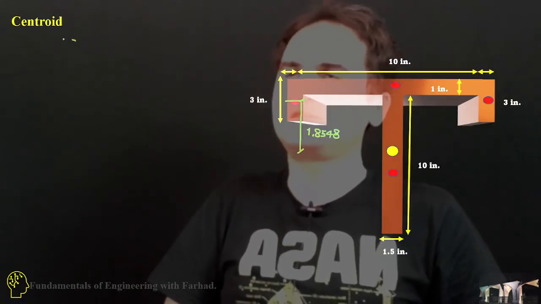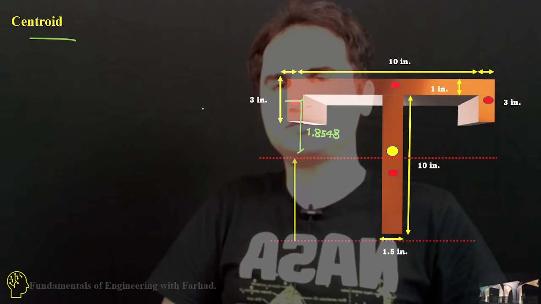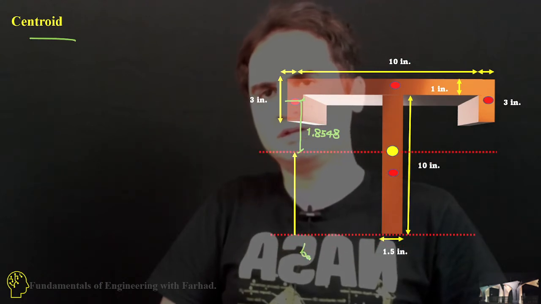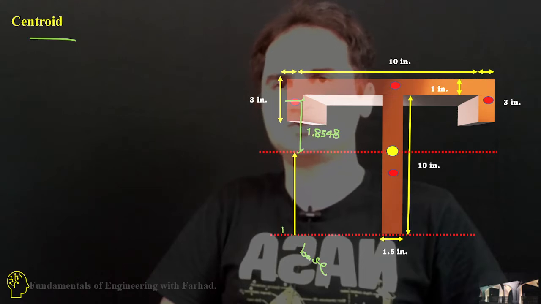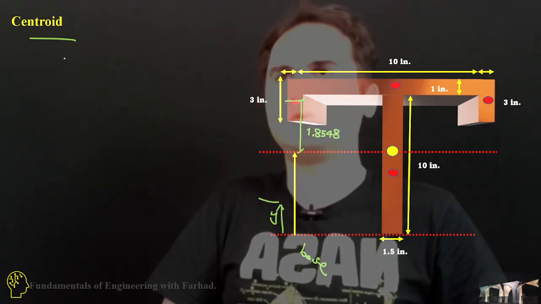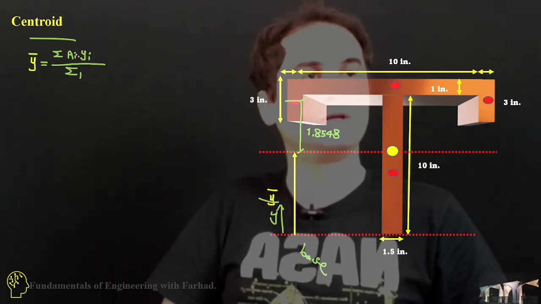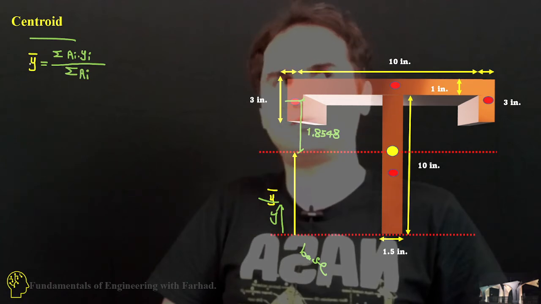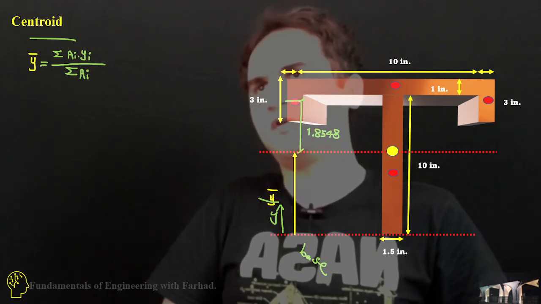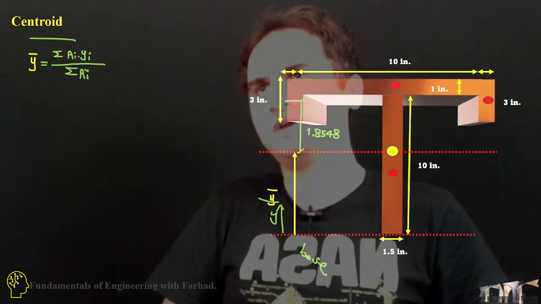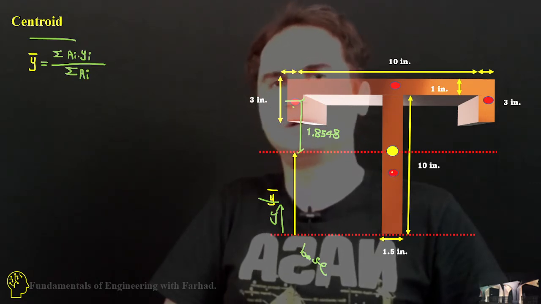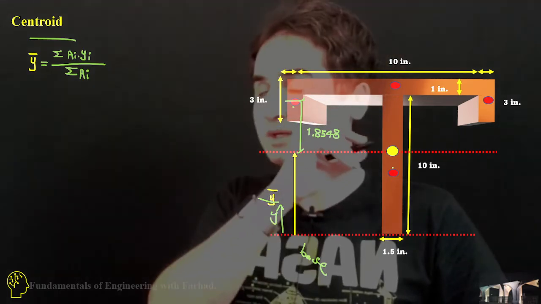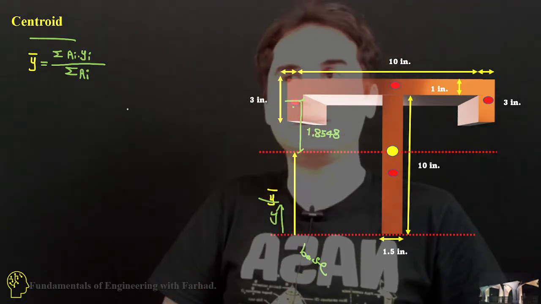So first of all, let's calculate the centroid for the system. If we keep the bottom of the section as a base and just move upward for the centroid calculation, the formula for the centroid is y bar equal to the summation of area times their own centroid, for example this part, the web, for its own centroid, over the entire area.